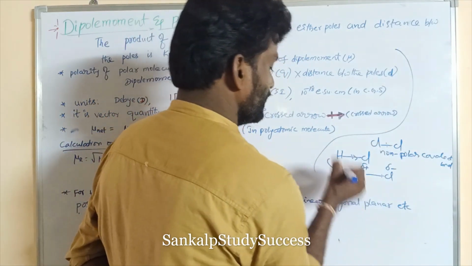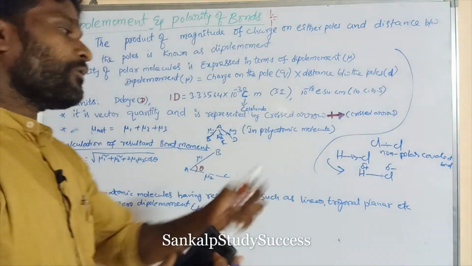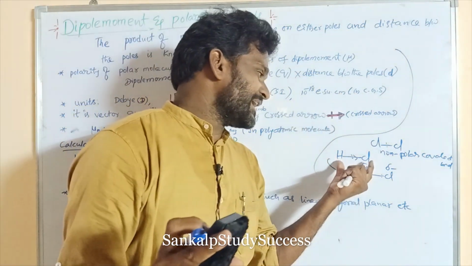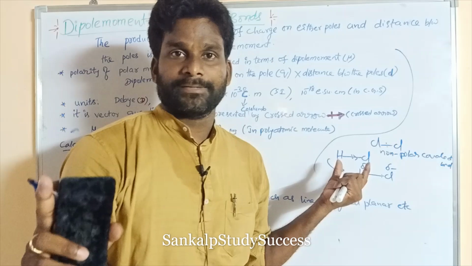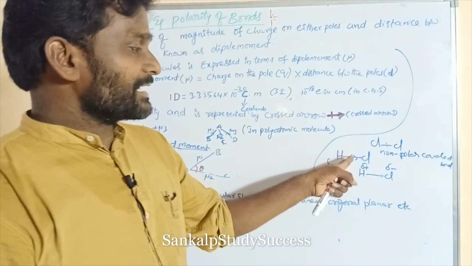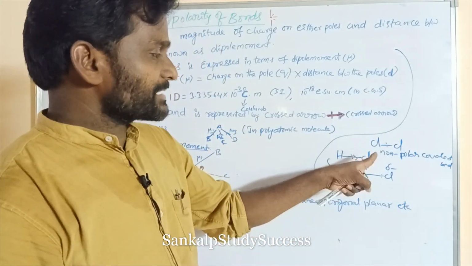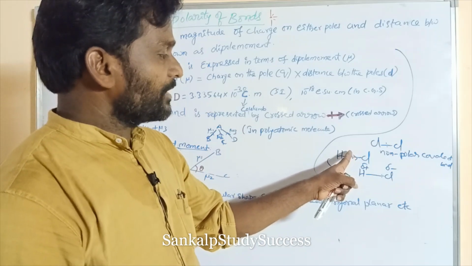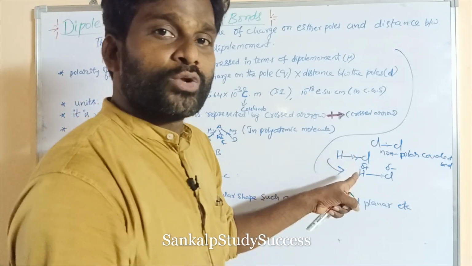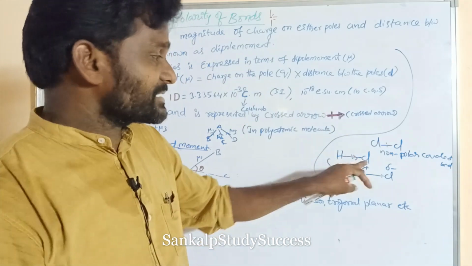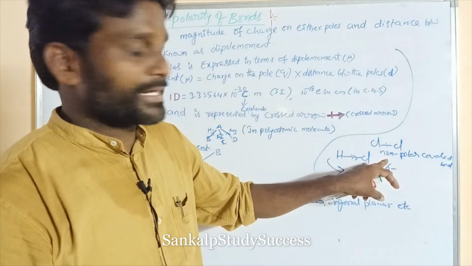So what happened? When the covalent bond is present between two different atoms, H and Cl are different atoms, right? The shared electron pair is displaced or shifted towards the more electronegative atom. Here, chlorine is the more electronegative atom, right?